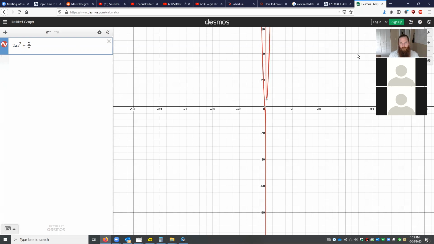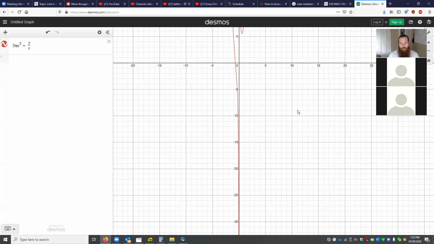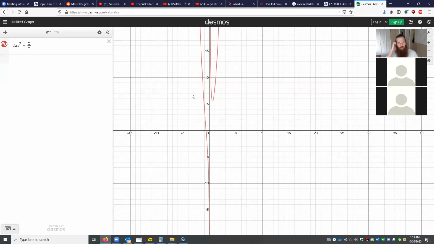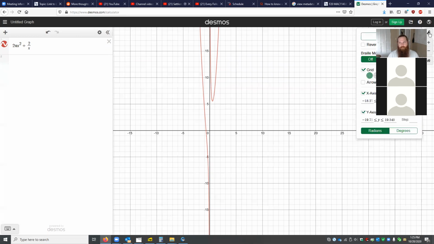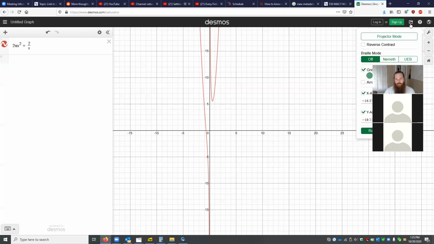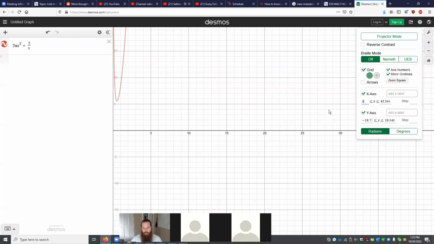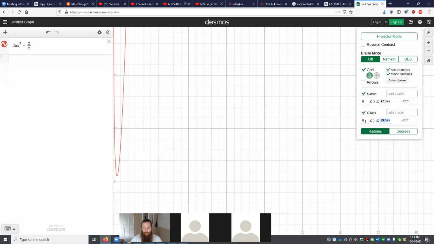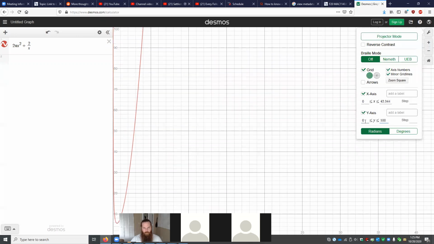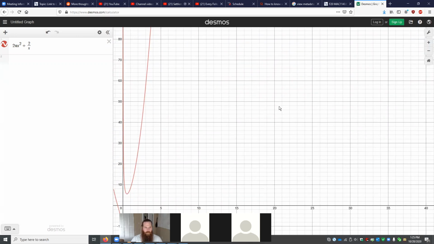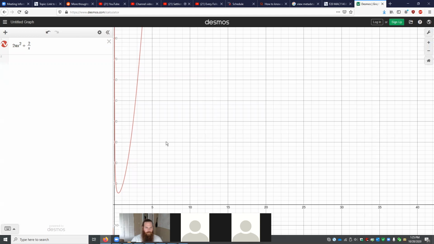Here we go. Yeah, so here's our function. We're only considering positive values of R, so I'm only considering x's which are bigger than 0. And we'll say y runs from 0 to 100 or something. And here we go, right?